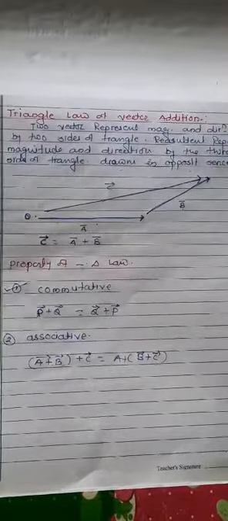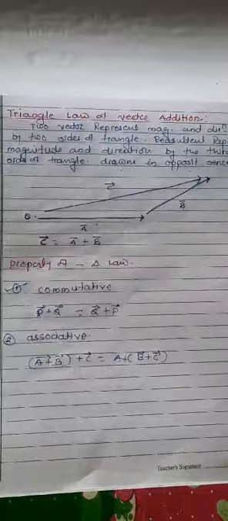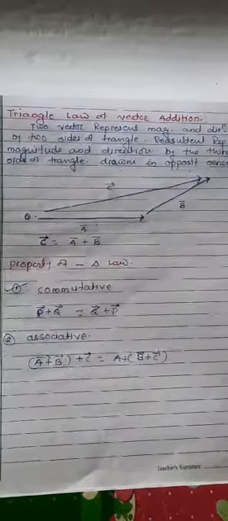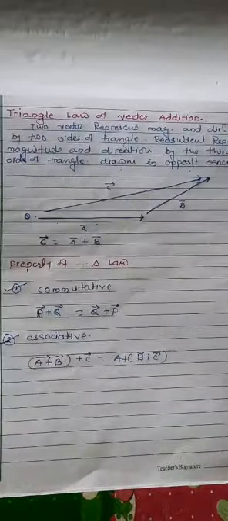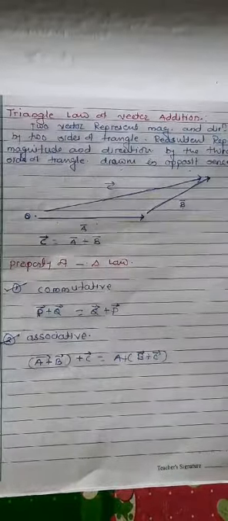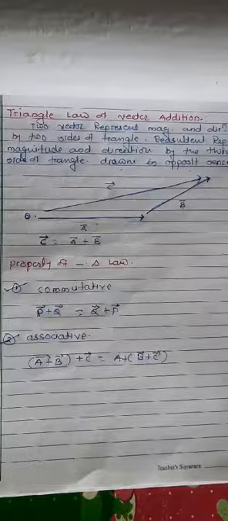The next property of vector addition is the associative law. The triangle law of vector addition also gives the associative property.